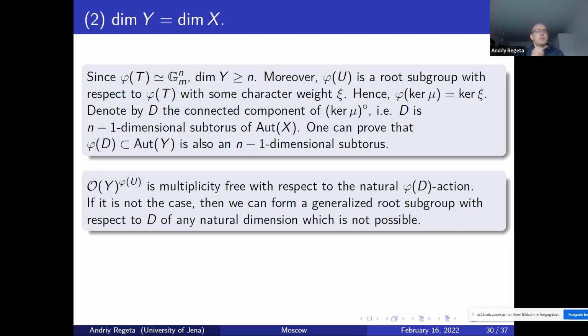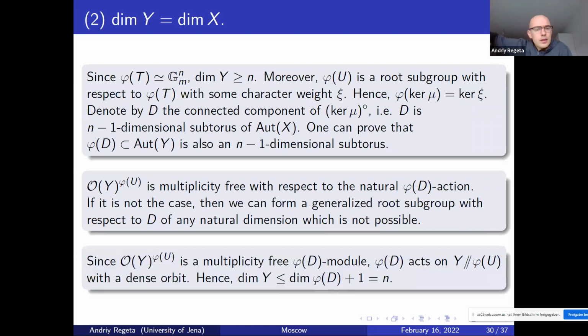And this is not possible. Again, it's something to prove that it's not possible, but one can prove that. So now this invariant ring is a multiplicity free phi of d module.